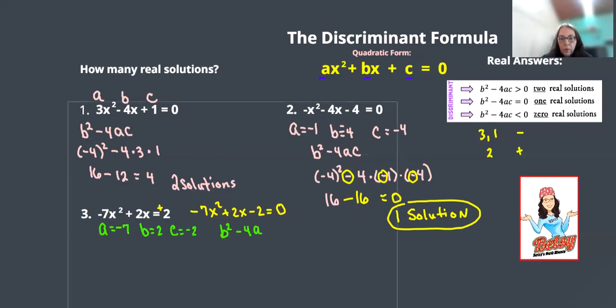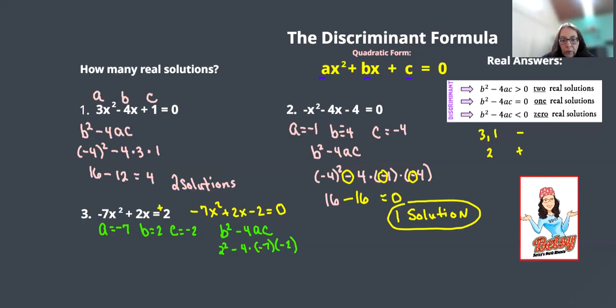All right. So I'm going to put 2 in for B squared. So 2 squared minus 4 times A times C.